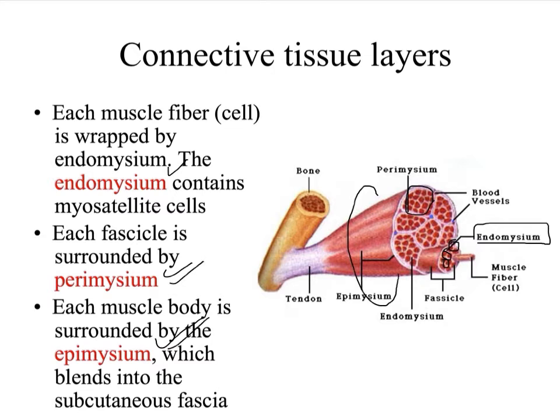Make sure you relate, for example, endomysium is a connective tissue around the muscle fiber or muscle cell. Perimysium is around the fascicle, and epimysium is around the entire muscle body. So what you're going to have out here is going to be fascia, blood vessels, nerves, and then other muscle bodies around it, depending on your location. Again, those are three definitions you do need to know for testing purposes.